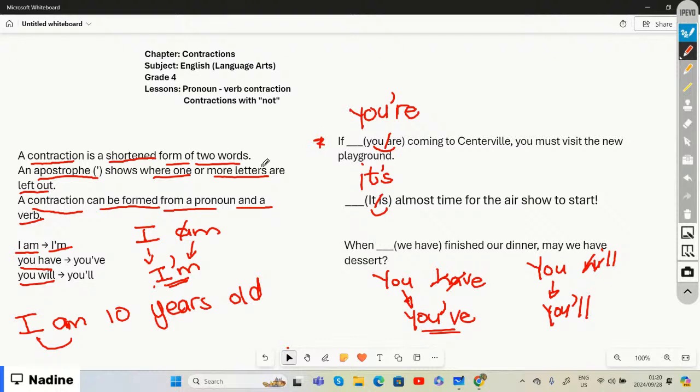How are we going to shorten this word, we have? It says, when we have finished our dinner, may we have dessert.